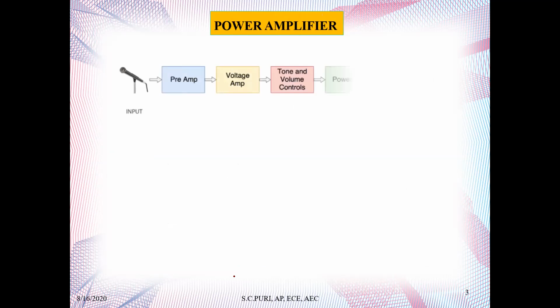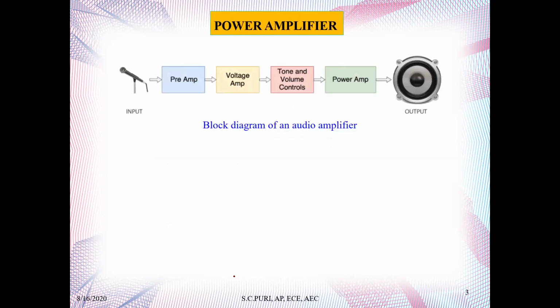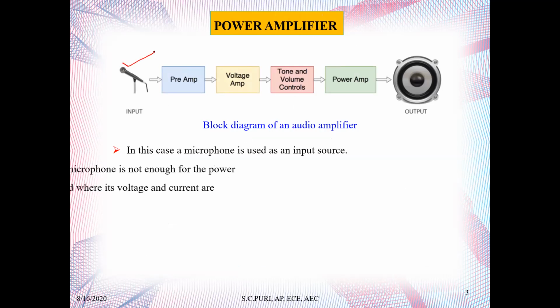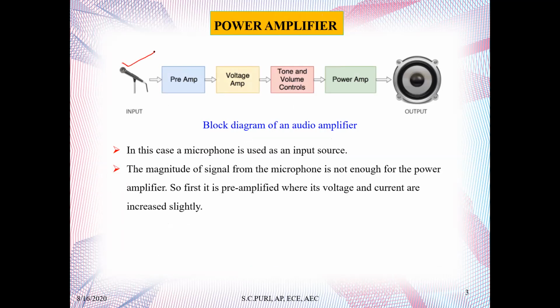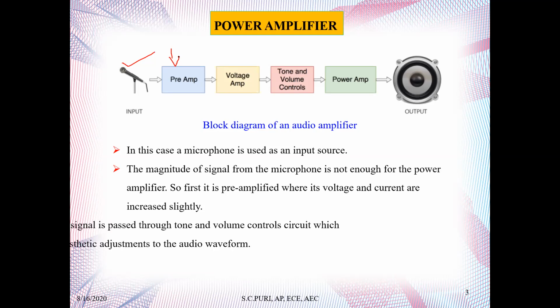As you can see here, this is a block diagram of an audio amplifier. In this case, a microphone is used as an input source. The magnitude of signal from the microphone is not enough for the power amplifier. So first it is pre-amplified, where the voltage and currents are increased slightly.